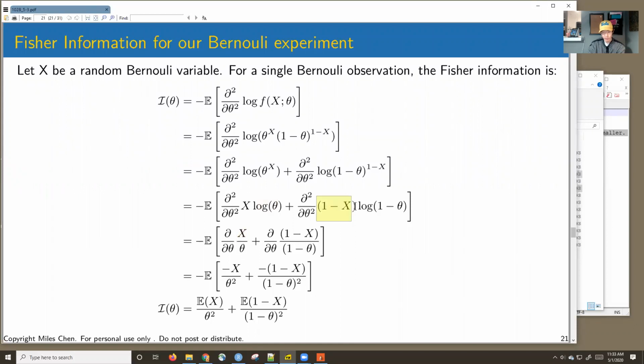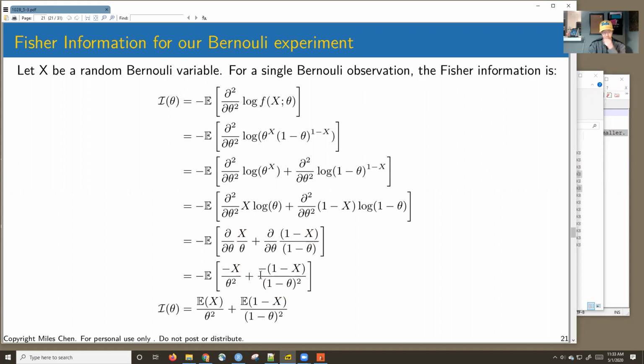And the derivative of the second term is going to be 1 minus x divided by 1 minus theta, with a negative sign. For the second derivative, the derivative of x over theta is negative x over theta squared. And over here, the derivative of this is going to be negative of 1 minus x over 1 minus theta squared, okay?